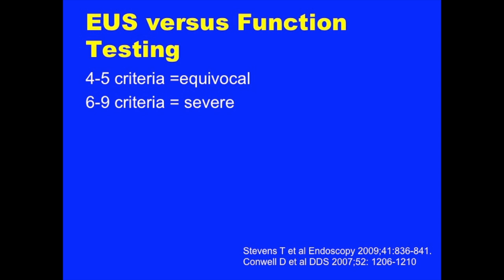In looking at EUS versus histology, there are 4 studies of any size. The largest one to date is ours at the Medical University of South Carolina, in which we had 71 patients who had EUS and then had comparative surgical histopathology.